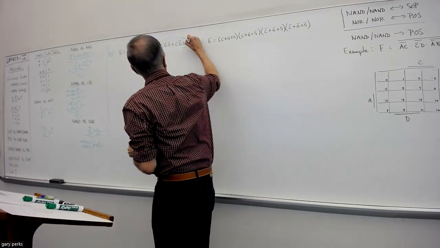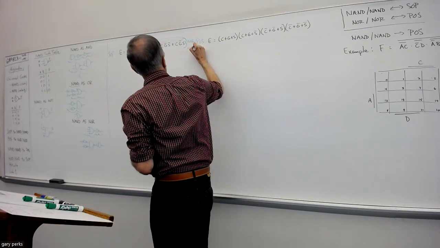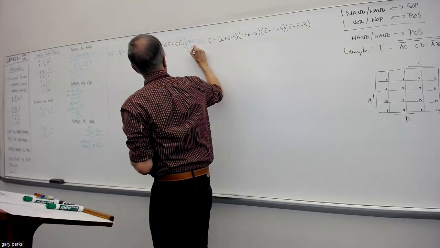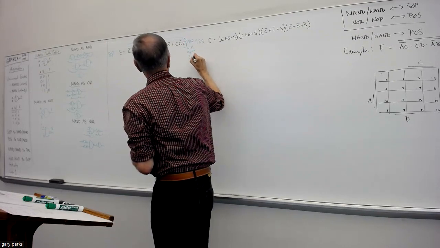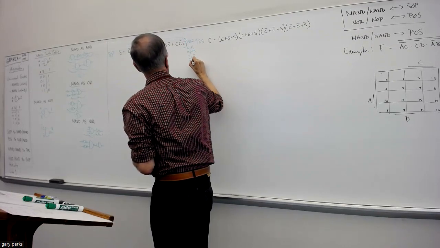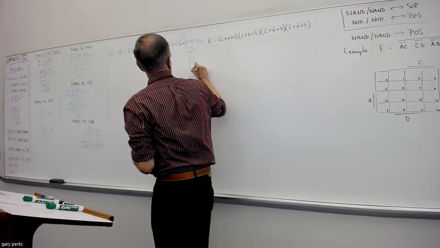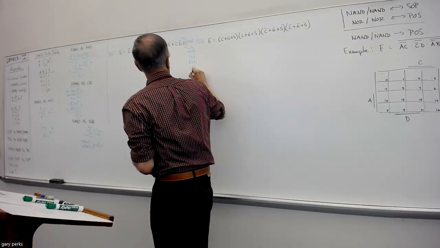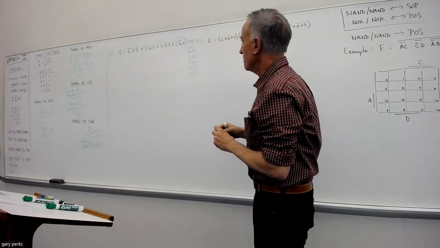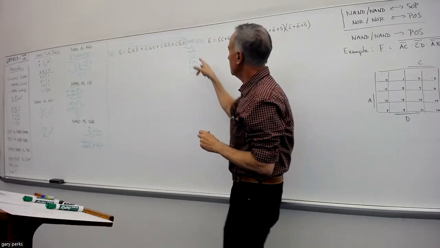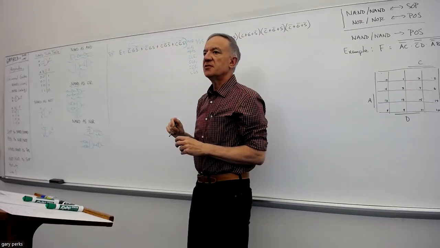That's a NOR, with inputs not C, G, not S, not C, G, S, C, not G, not S, and C, not G. Keep an eye on what I'm doing, and if I make a mistake, let me know. This is a NOR with these four terms as inputs.